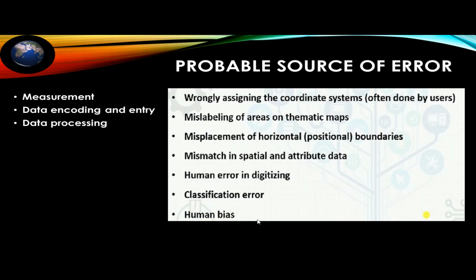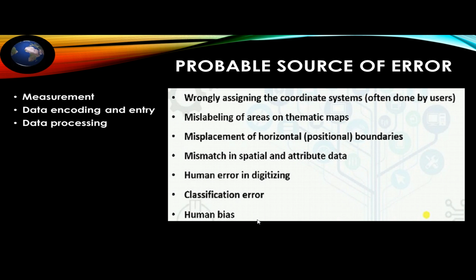The probable sources of error in GIS data quality are measurement, data encoding and entry, and data processing. How can errors be caused in GIS data sets? For example, when we assign the wrong coordinate system, which is often done by users like us.